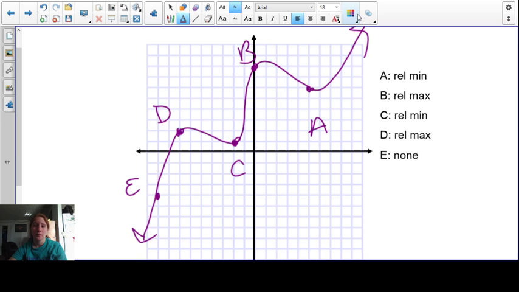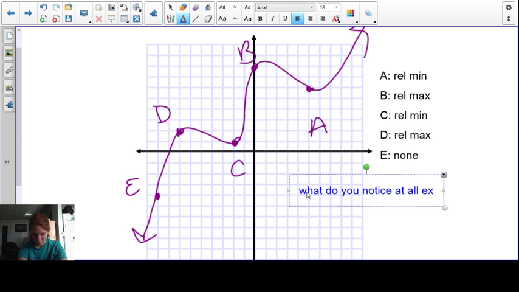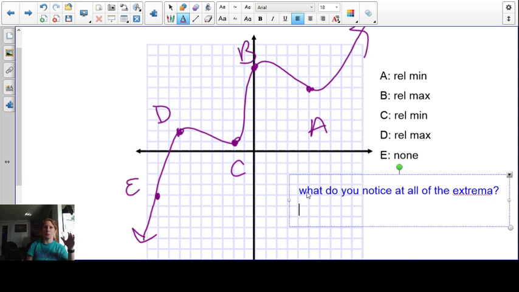So, I'm going to pick a different color because I want to point this out. I'm going to write it through my graph because I don't want to move anything. What do you notice at all of these points of extrema?